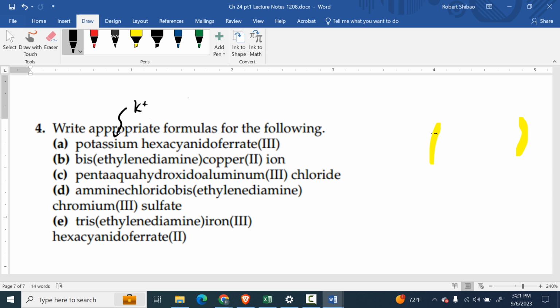So let's see what this is. It's hexacyanidoferrate 3. So what comes first, the ligands or the metal? Well, if the metal came last here, then it'll come first here. So what is ferrate? What metal is that? Ferrum, which is what metal?